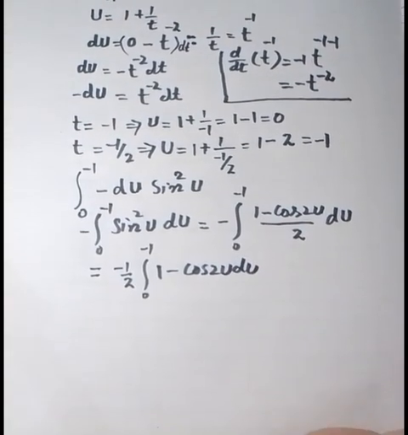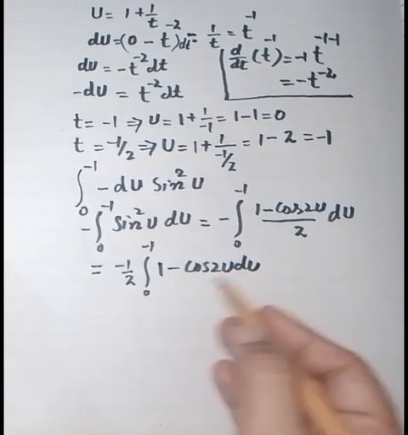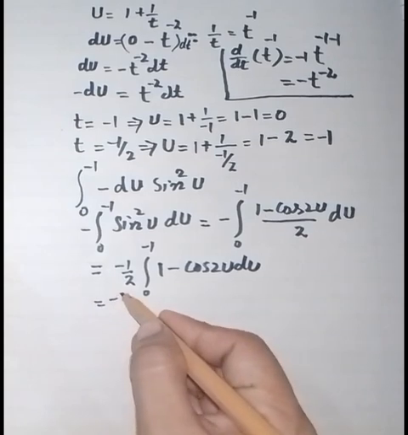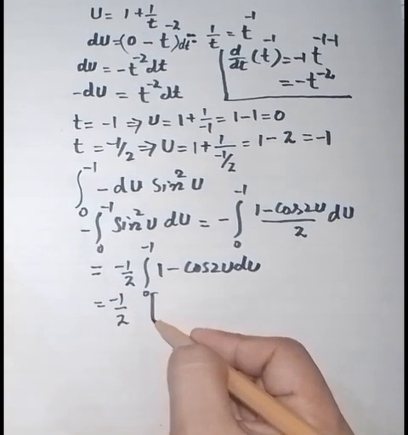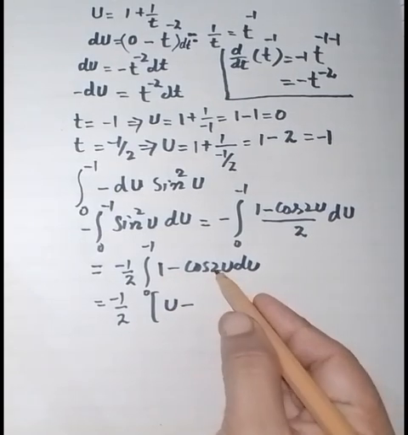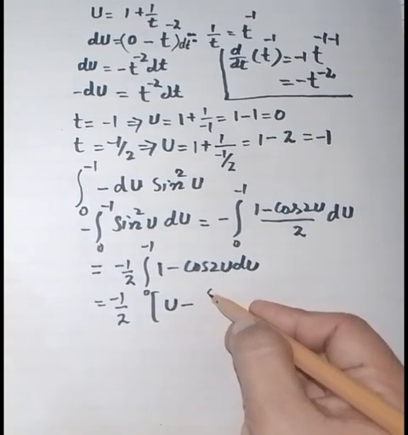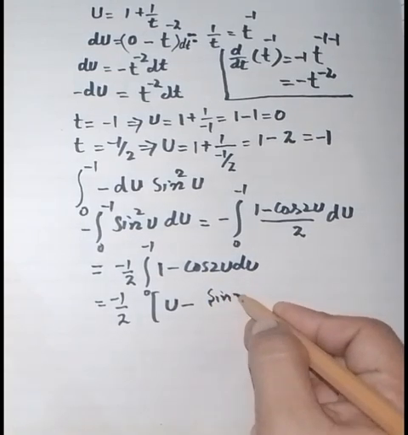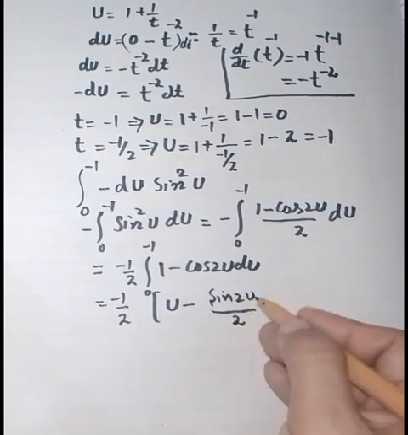Now taking the integral of 1 and then taking the integral of cos 2u, we obtain negative 1 by 2. Integral of 1 with respect to u will be u, and integral of cos 2u is sin 2u divided by the derivative of 2u, which is 2.